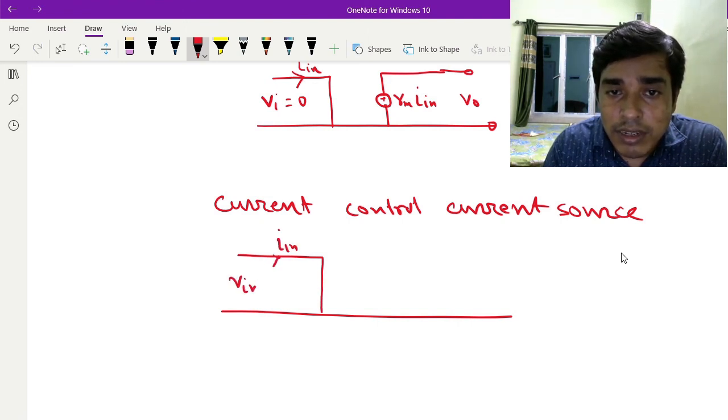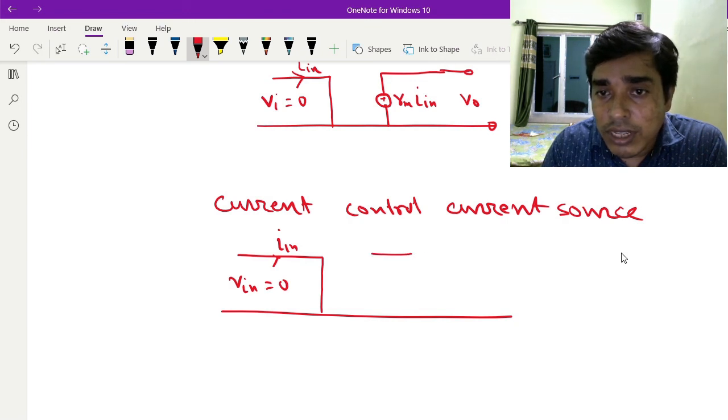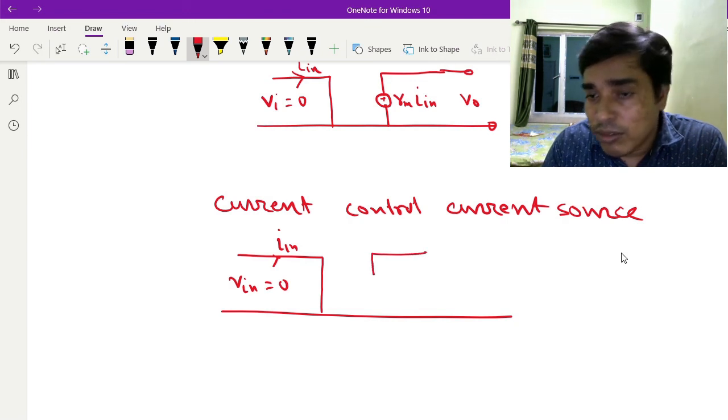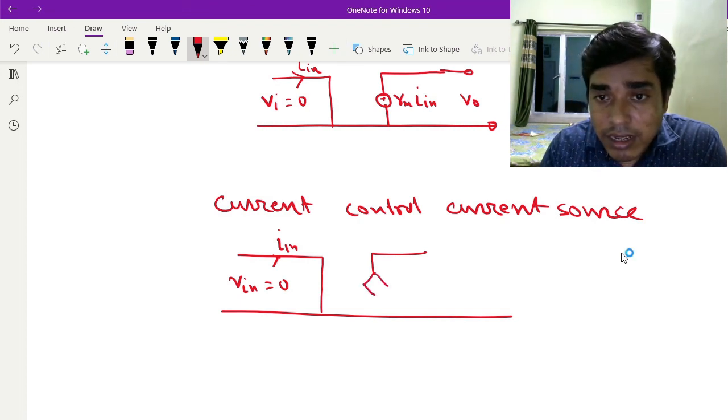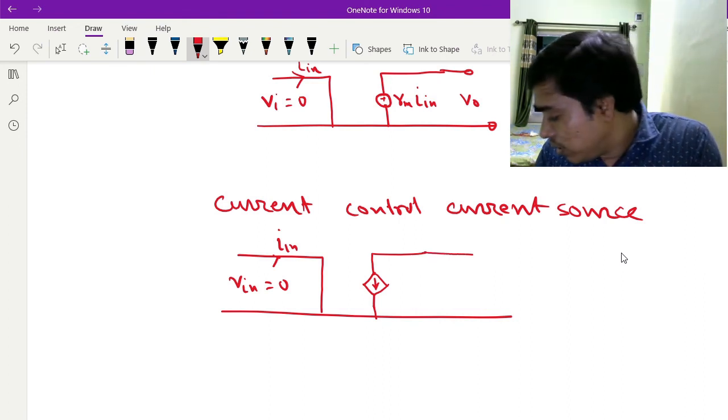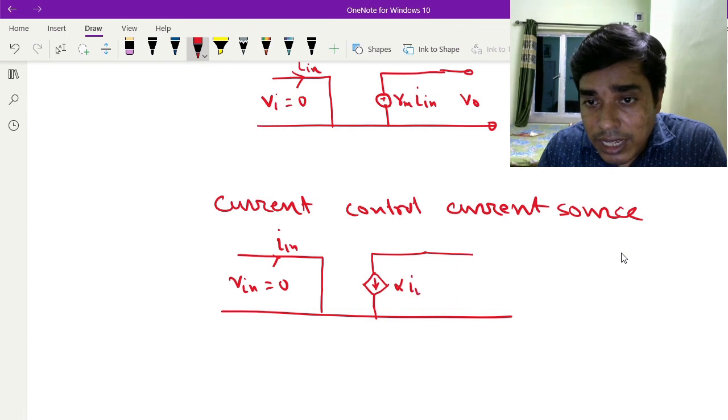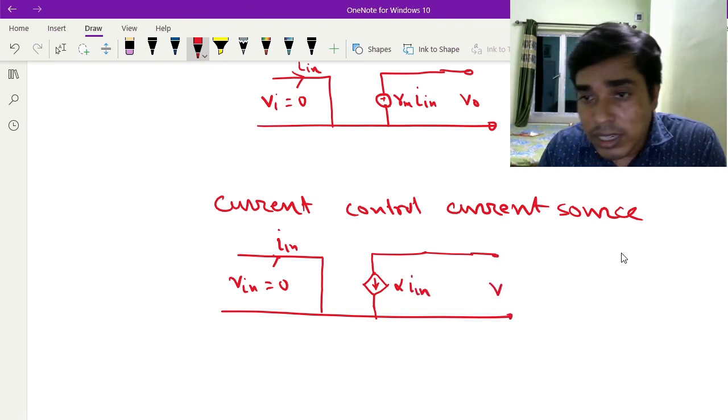V input equals 0. There must be a current source, and this current is alpha of I in. This is the term V output.